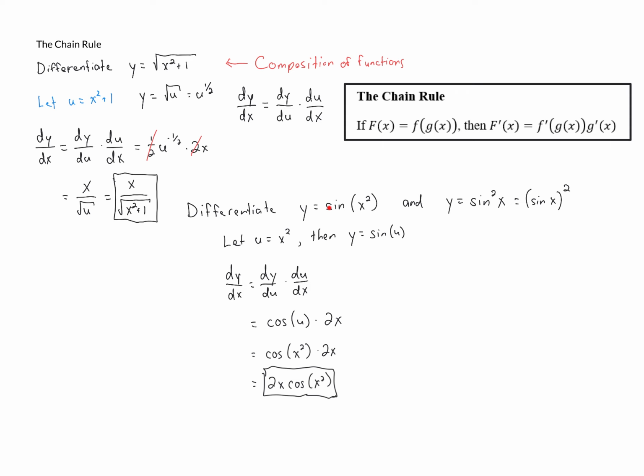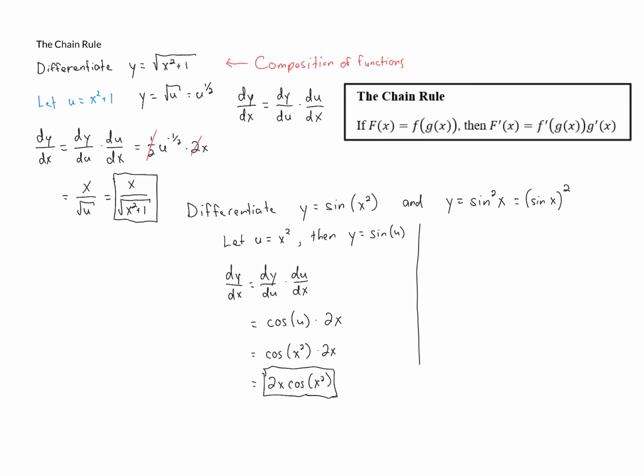The outer function here is sine. The derivative of sine is cosine, evaluated at x squared, times the derivative of the inside. The derivative of x squared is 2x. So we can jump all the way to here once we're comfortable with this rule, right? The derivative of the outer function, derivative of sine is cosine at x squared, times the derivative of the inside, derivative of x squared is 2x.